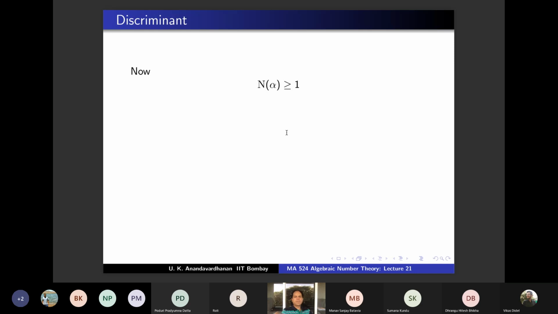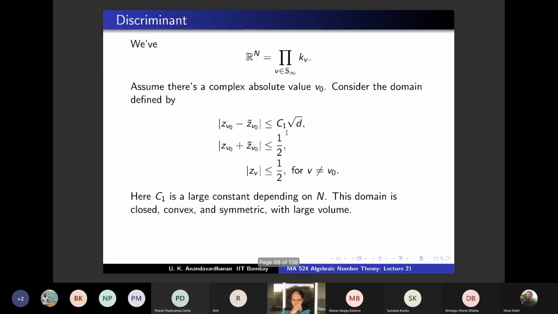Okay, because it's non-zero and it's an algebraic integer, from these inequalities, what can you conclude? See, the norm is bigger than or equal to 1, but at all these completions, the absolute value is less than or equal to half.